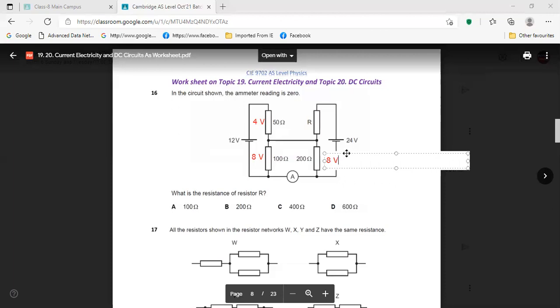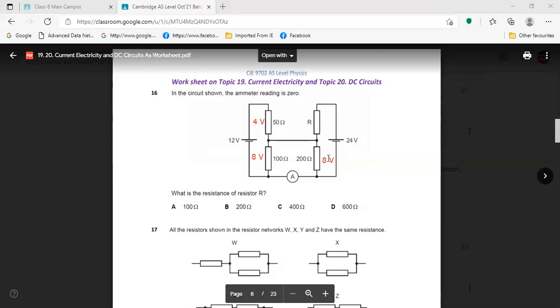Are you clear on this part? The ammeter reads 0, so there should be no potential difference. If the 100 ohm is getting 8 volt, then the 200 ohm should also get 8 volt. Out of 24 volt, 200 ohm takes 8 volt.